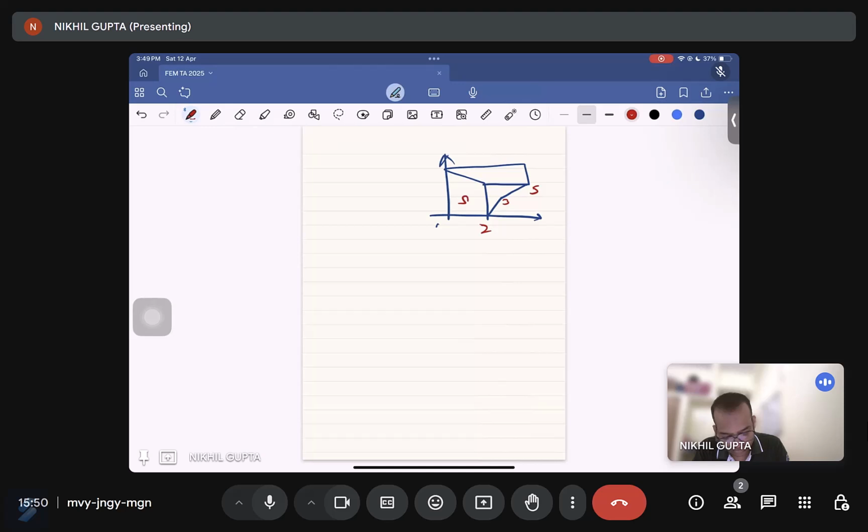So this is one domain, this is the second domain, this is the third domain. Okay, actually I'll draw it again.